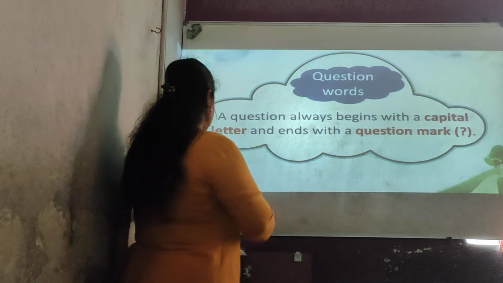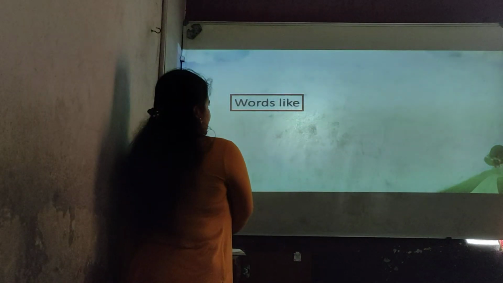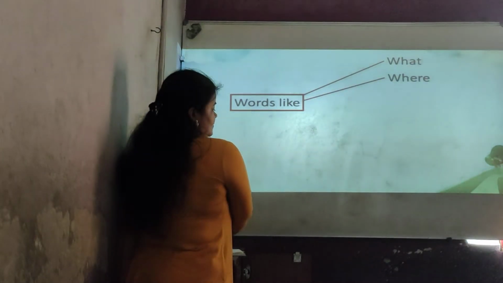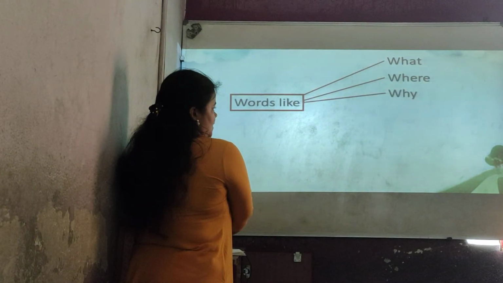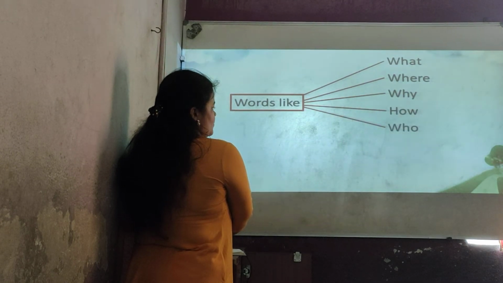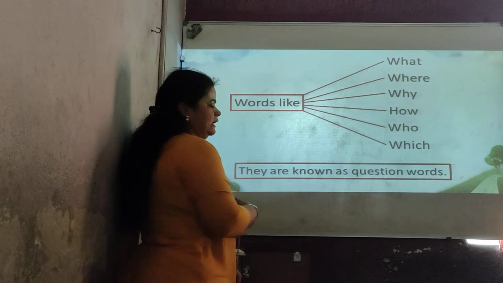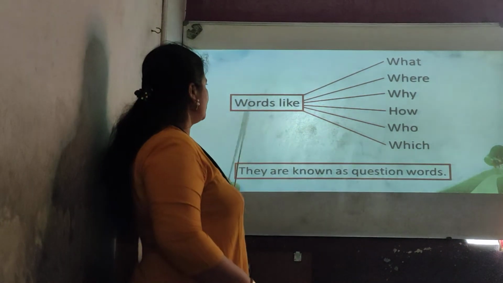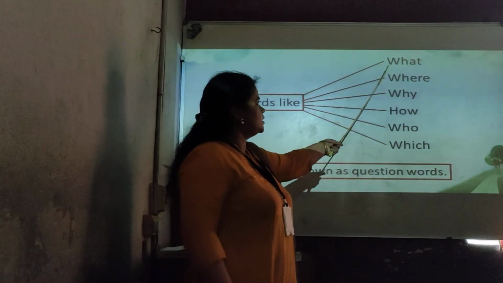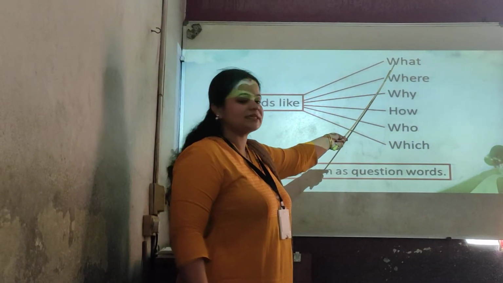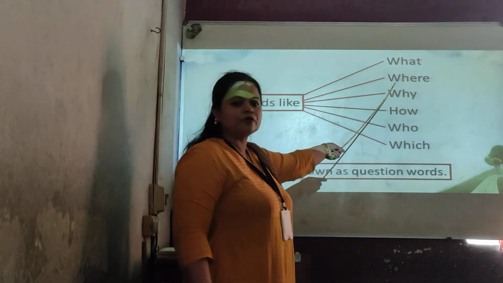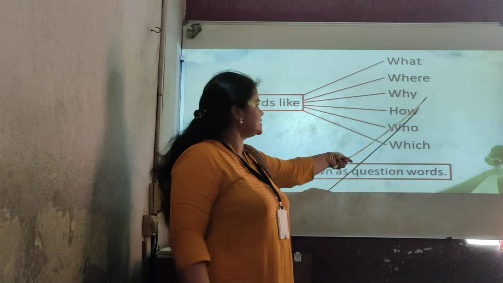So question sentences have special words which begin with a capital letter and end with a question mark. The question words like what, where, why, how, who, which are known as question words. What we use to ask about objects, things. Where we use to ask about places.